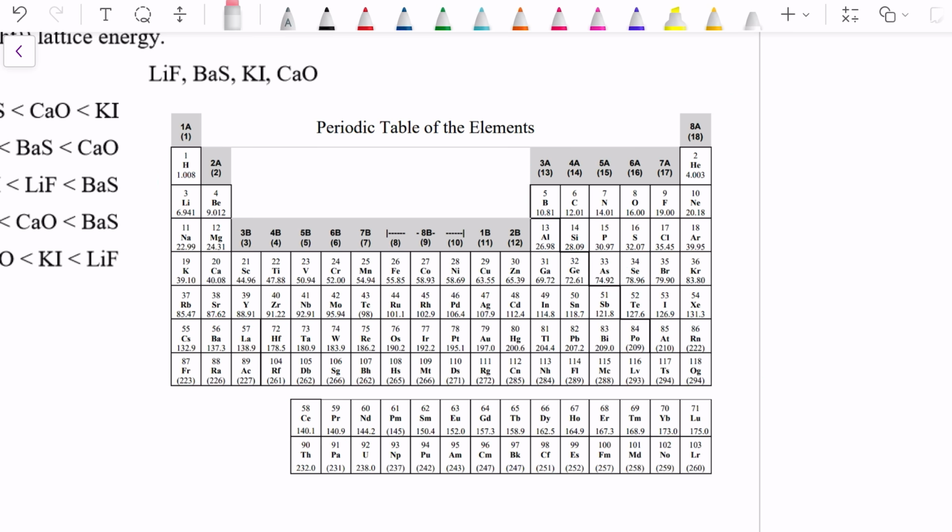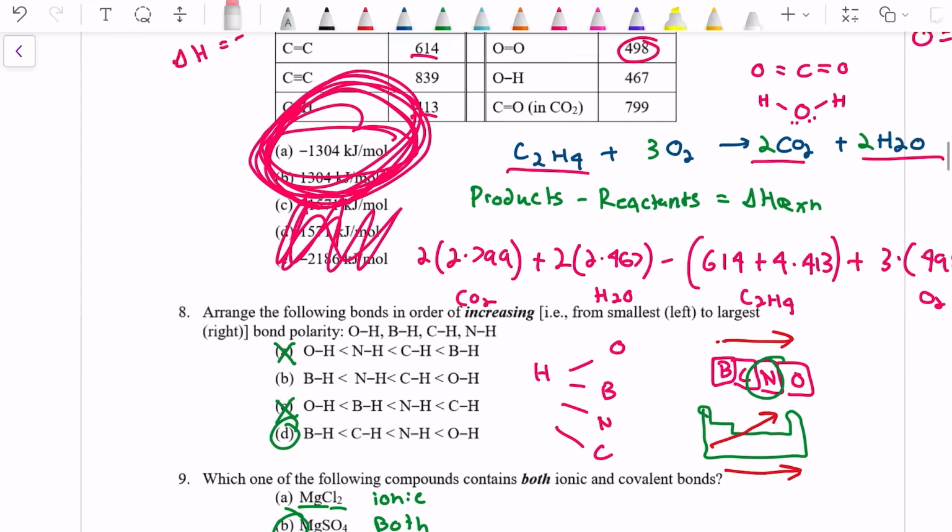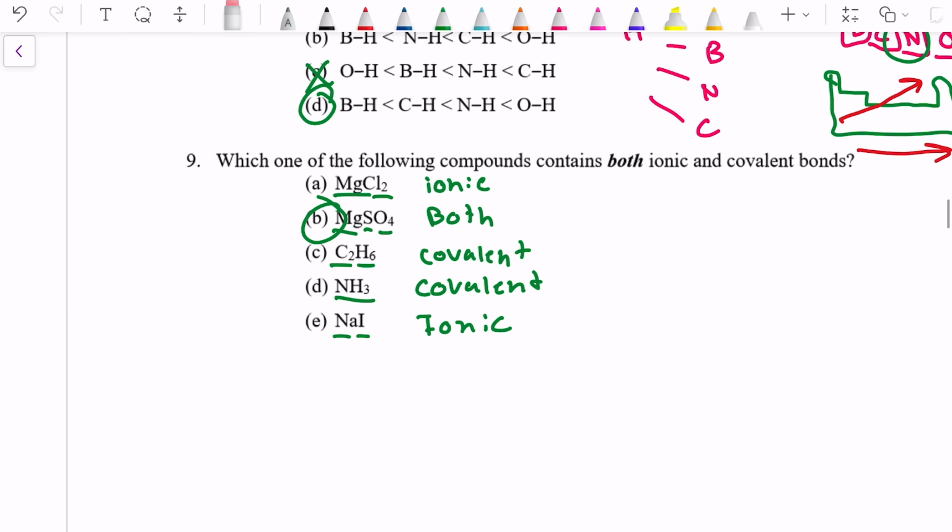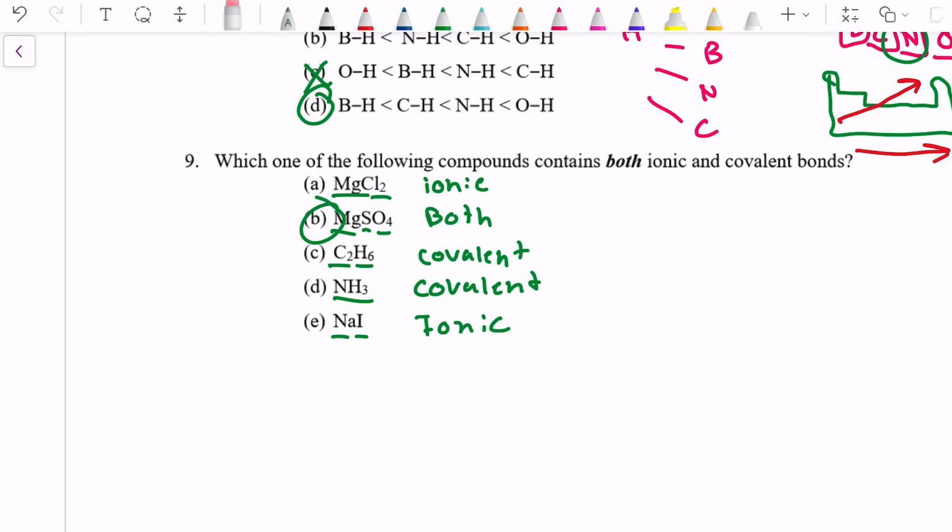Nonmetals form covalent. I think there's also a topic video on bonding, but 9B. Also, it's the only one that has 3 species, so I don't know how you would get 2 types of bonds from only having 2 species, if that makes sense. Anyways, 9B.